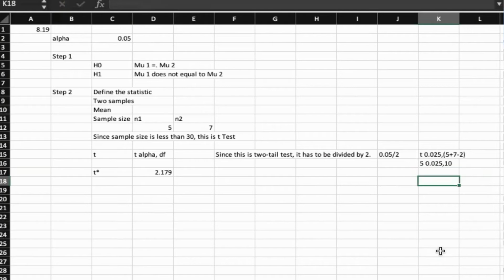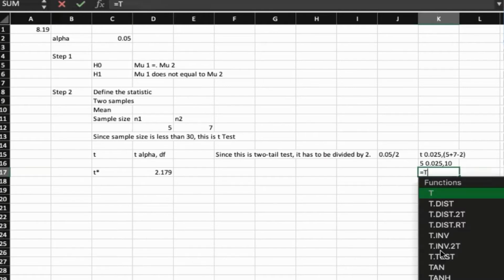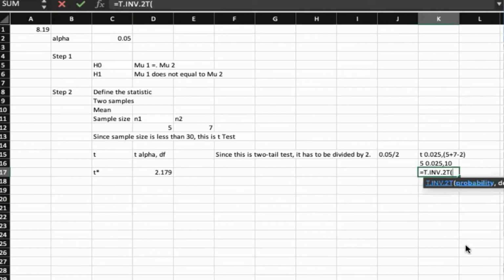I'm not so sure about this. Oh yeah, we have T inverse two-tail test, 0.05, degree of freedom 10. Here we go, this is the function that you want. If we want to do just a right tail test, RT 0.025, it should be the same.